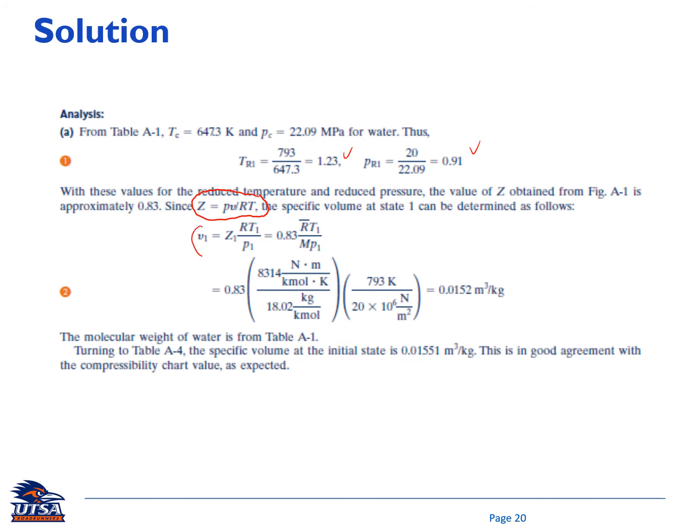So in here I have V1 equal to Z1 times R times T1 divided by P1. And then Z1, you can get it from the compressibility chart, the previous slide. You will get around 0.83.